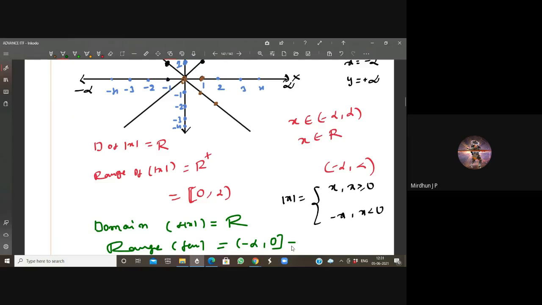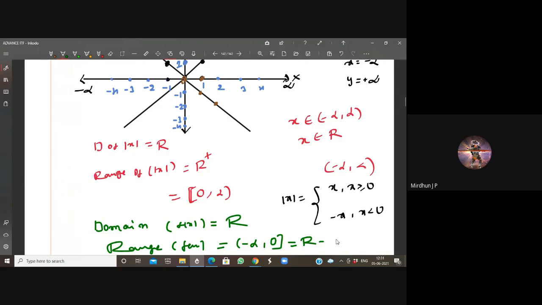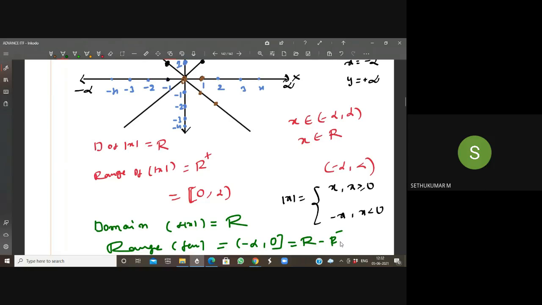For positive we write R plus, so here we can write R minus. Negative real numbers.